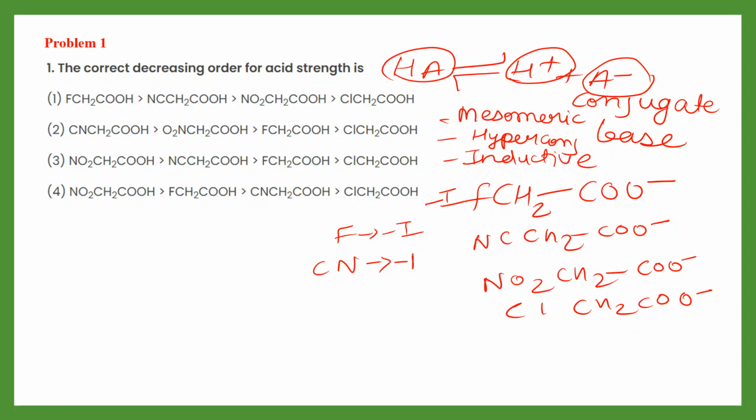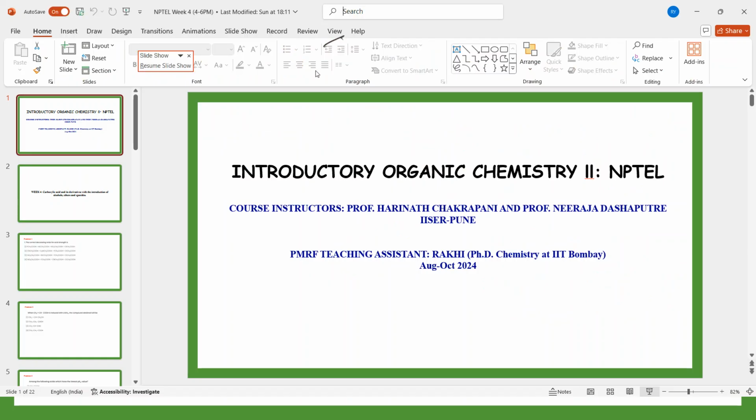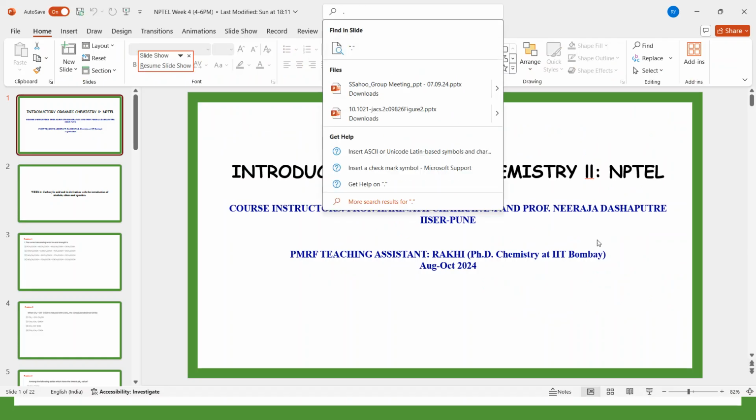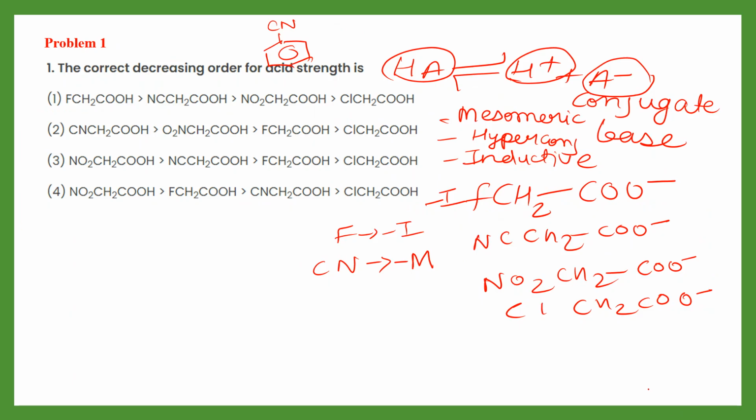Nitrile is a minus M group, let me explain why. Let's say you have a nitrile on your benzene. Your nitrile is sp hybridized, right?